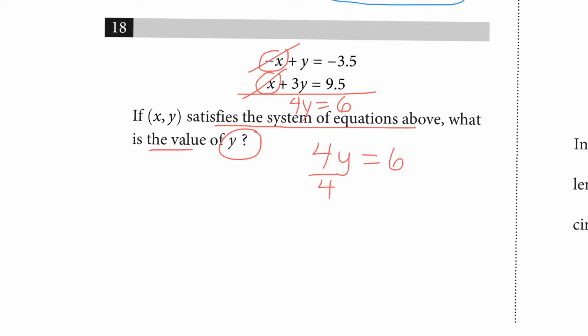Divide by 4. I'll tell you how you're going to get tricked here, if anybody got tricked on this. You have to write this as 3 over 2. Improper fraction would be okay. You could write it as 1.5. That would be okay. If you write it as 1 1/2, that would be very wrong.